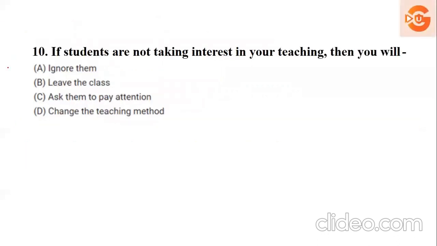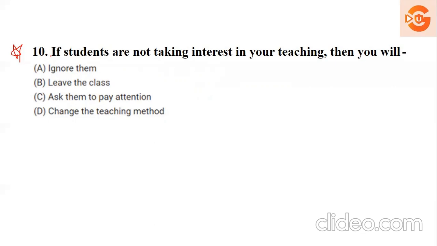The last question for the day: if students are not taking interest in your teaching. Now see, this is very, very important nowadays. If you see today's students, their level of understanding and their level of behavior is completely different. If you follow the old traditional method, though you are an excellent teacher and have a lot of knowledge, if you're not able to present that in front of the students, it becomes difficult.